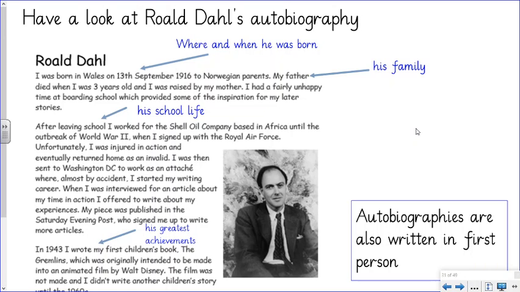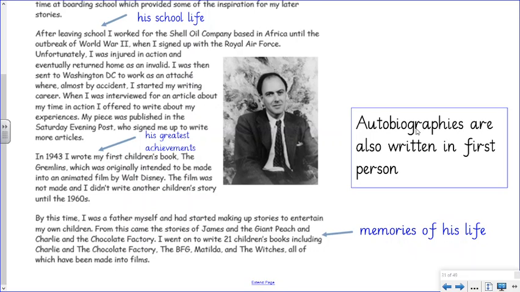Unfortunately, I was injured in action and eventually returned home as an invalid. I was then sent to Washington, D.C. to work as an attaché, where almost by accident I started my writing career. When I was interviewed for an article about my time in action, I offered to write about my experiences. My piece was published in the Saturday Evening Post, who signed me up to write more articles.